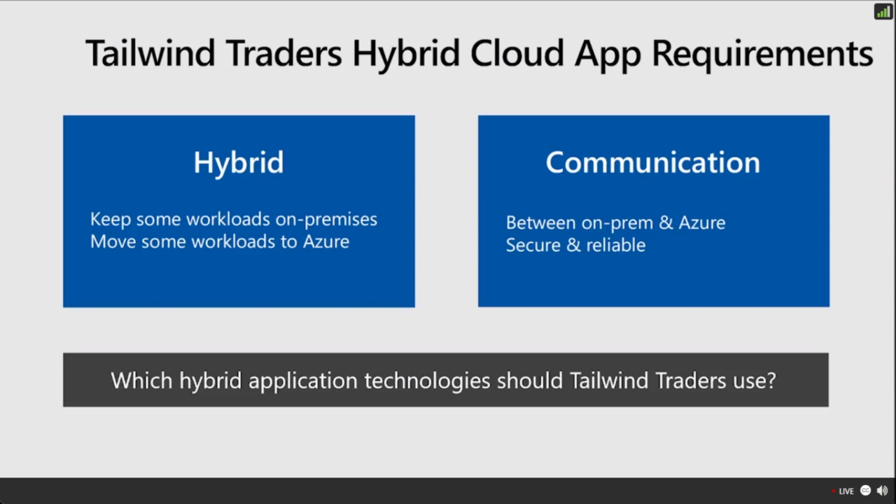So one of the other things that we're dealing with in this particular session is this question: which hybrid application technologies is appropriate for Tailwind Traders to use in a given set of circumstances. So when you walk away from this session, what you should be able to do is be able to identify which technology is appropriate for a given scenario.